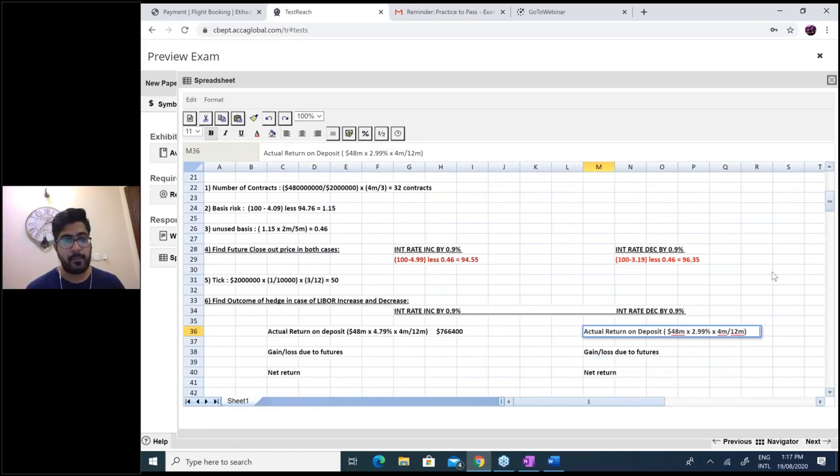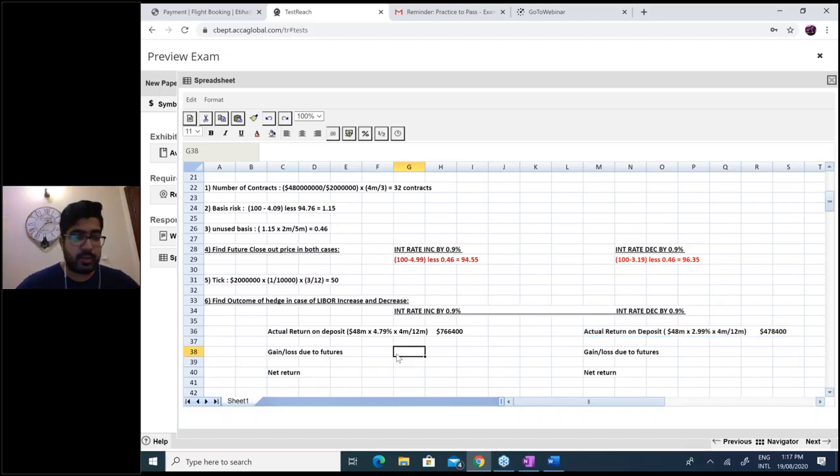That is $478,400. This is exactly what we did before. So if you have any questions with this step, you can ask. Actual return on deposit is the amount 48 million into rate 4.79 into time period over 12. Any questions? Then I will do the main thing, gain or loss due to futures.